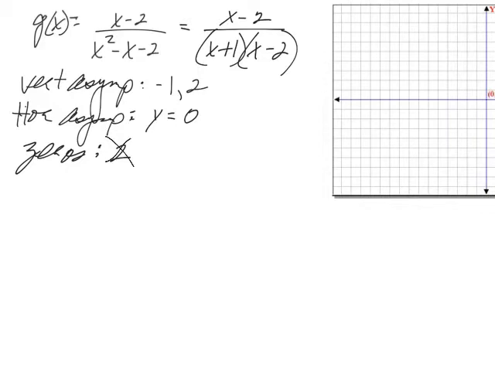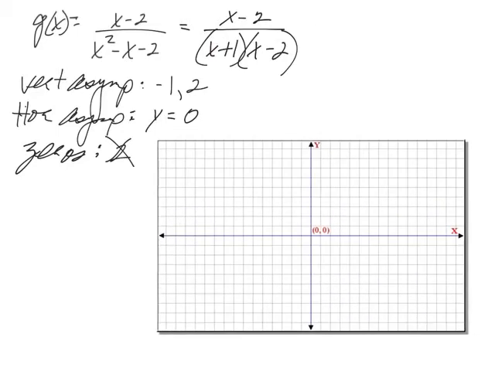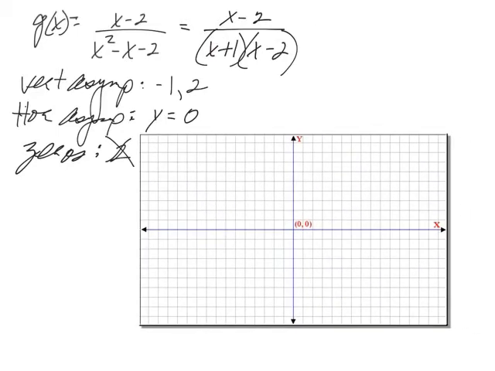So one of the things that we've discovered is that not only does 2 not work as far as where it crosses the x-axis, 2 is not part of the domain, so 2 cannot be part of the graph because we're only graphing the domain. Okay, so that all being said, let's bring our graph down here and put in the vertical asymptote, which is going to be -1.